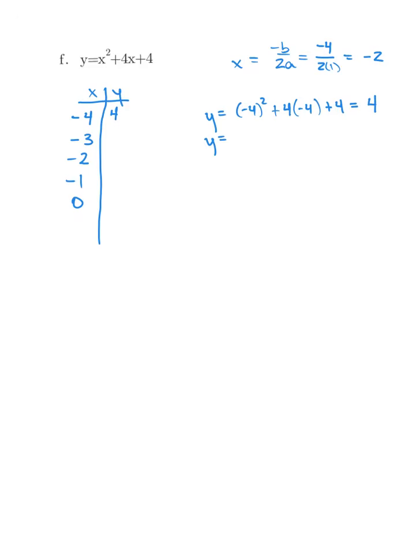If we plug in -3 squared plus 4 times -3 plus 4, this is going to equal 1. If we plug in -2 squared plus 4 times -2 plus 4 equals 0.